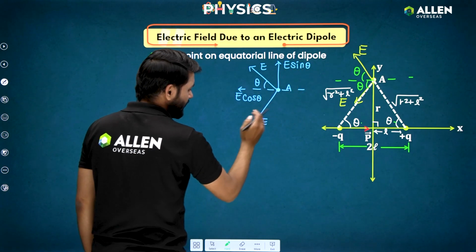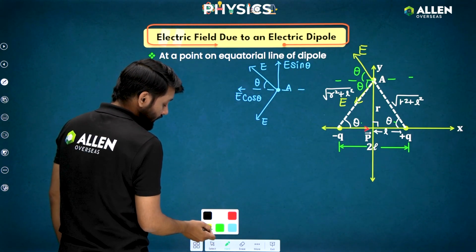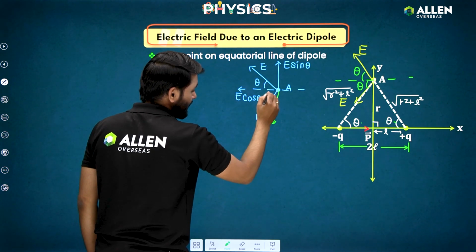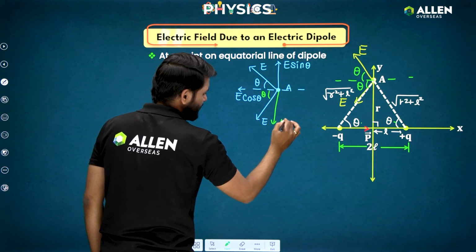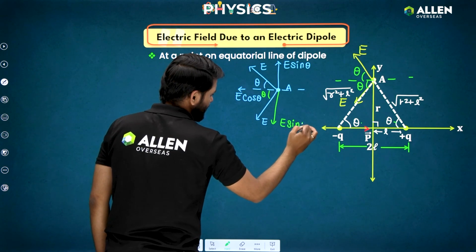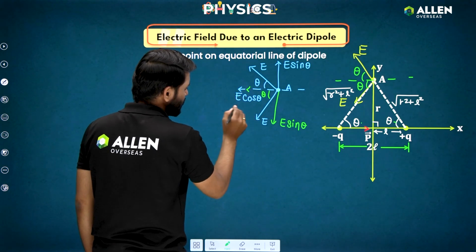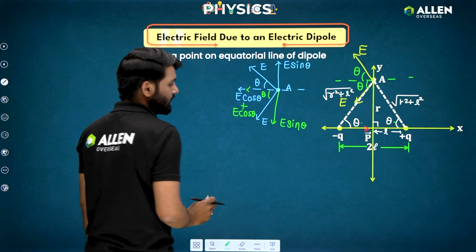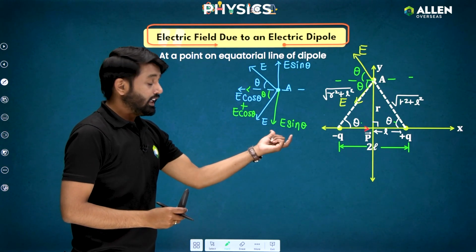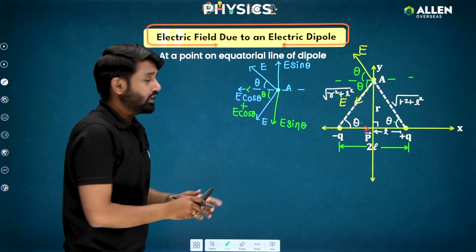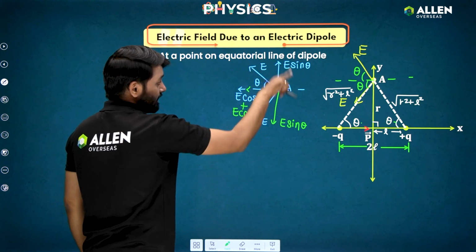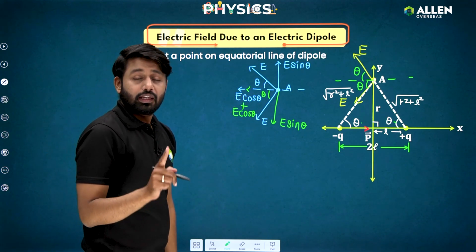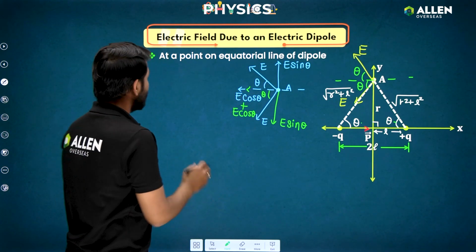Similarly, for this electric field, one component is E sin theta, and this side component is E cos theta. Is that clear? You can see this component is equal and opposite to this one, so they will cancel out.